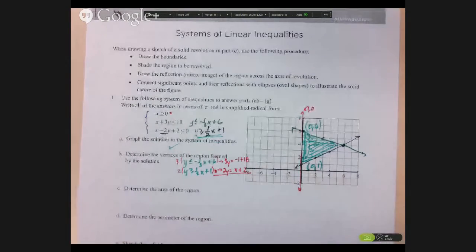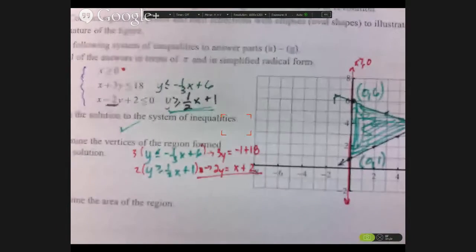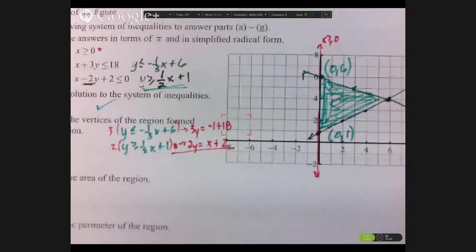Okay, so we got rid of the fractions, yeah? Can you read it? You know, it doesn't matter actually. There we go. All right.